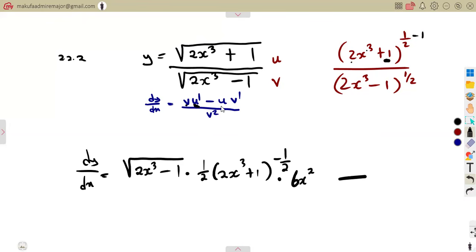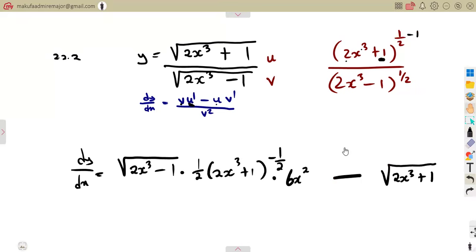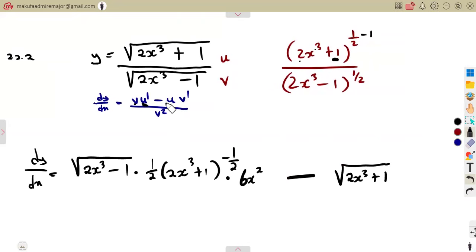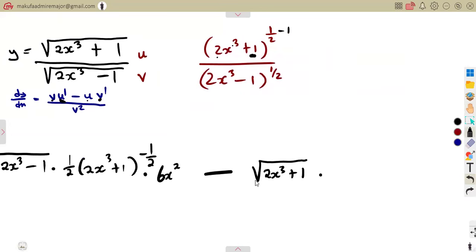Minus u, our u, we are just going to take as it is this time. That is the square root of 2x³ + 1. But this has to be multiplied by the first derivative of v. Just like the first part, it is easier to differentiate from this side here.